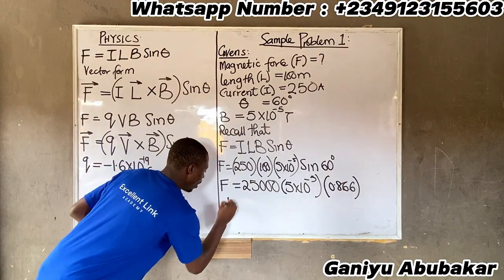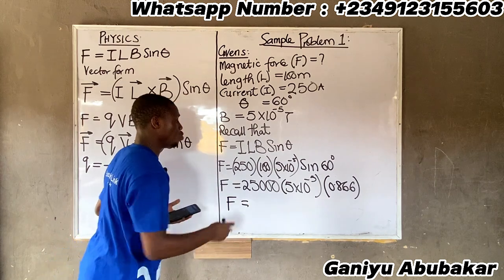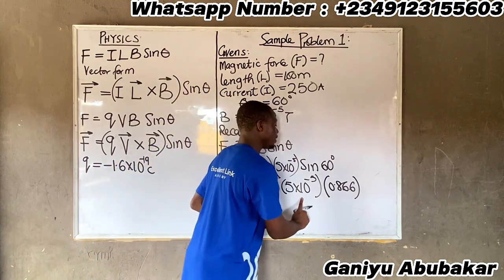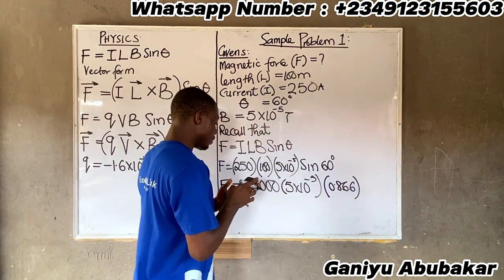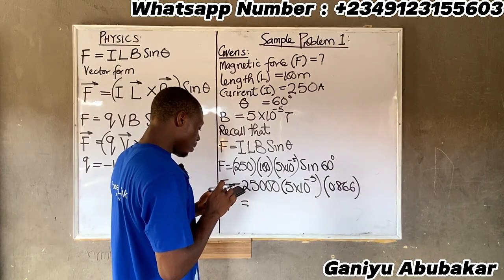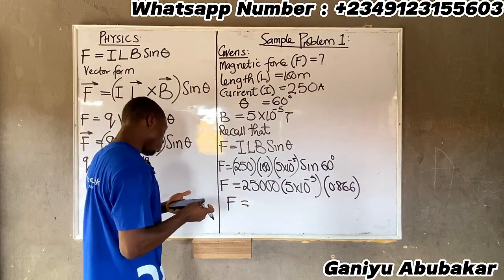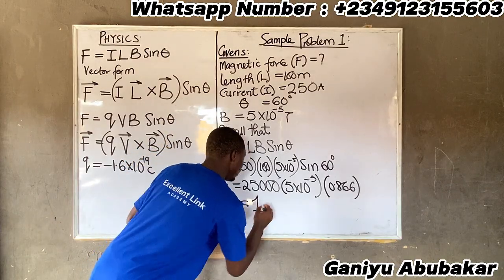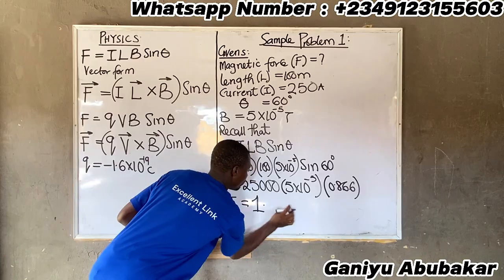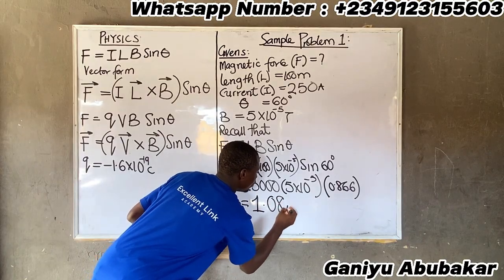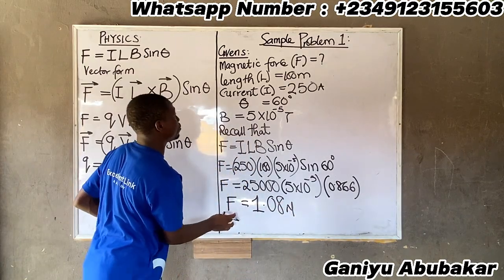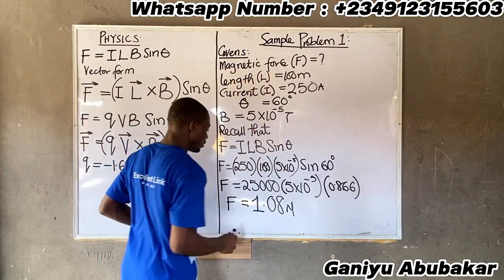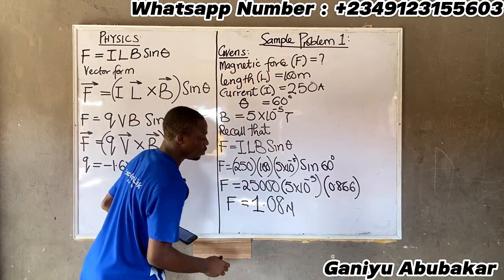From here, I multiply this with this value and with this. My final answer for the magnetic force is 1.08 Newton.